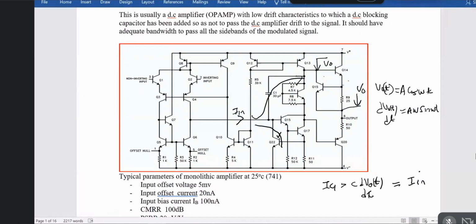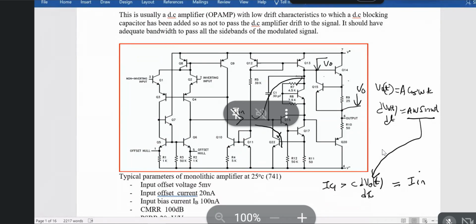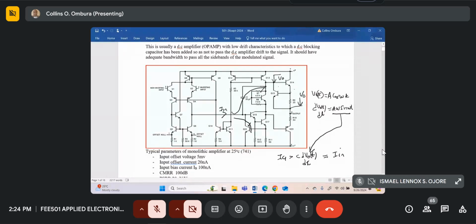So you can get the magnitude, just substitute this function for that. So you'll get C A omega sin omega t is equal to IN. And when sin omega t is maximum, then this term here, sin omega t, is equal to 1.